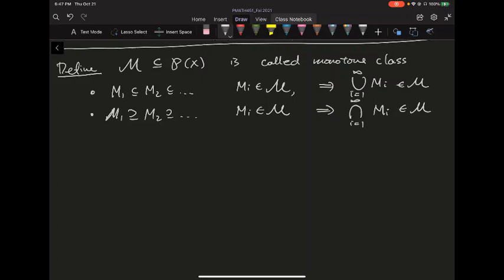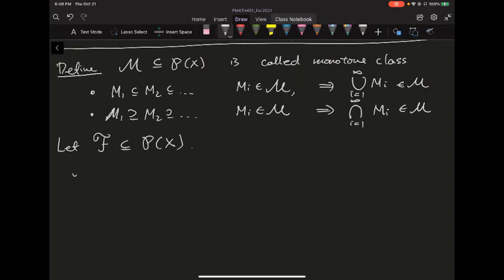One thing you may notice is that a sigma algebra is automatically a monotone class. And you can also convince yourself that if you have two monotone classes, then their intersection is a monotone class. So this allows us to define the monotone class generated by a collection. Let F be some collection of sets inside P(X).